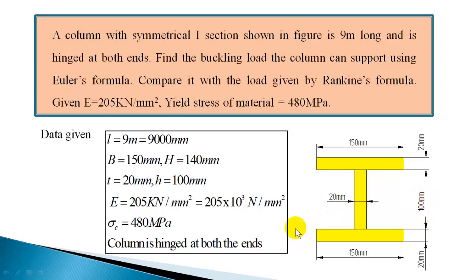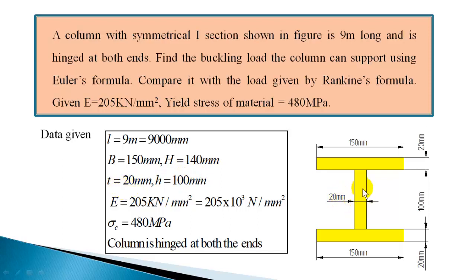Now if one of the flanges is bigger than the other, then it makes it unsymmetrical. So it's a symmetrical I section with B, capital B, meaning 150 overall width, and overall height 140 mm. So this height is 140, 100 plus 20 plus 20, so 140 mm.